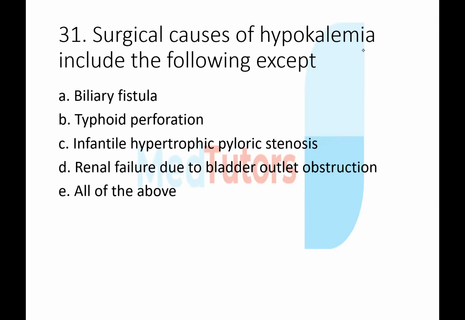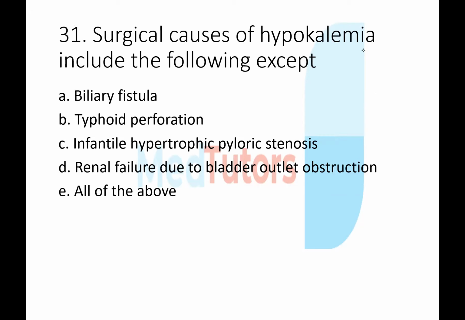Surgical causes of hypokalemia include the following, except A, biliary fistula, B, typhoid perforation, C, infantile hypertrophic pyloric stenosis, D, renal failure due to bladder outlet obstruction, E, all of the above.